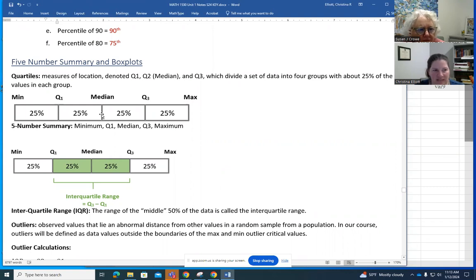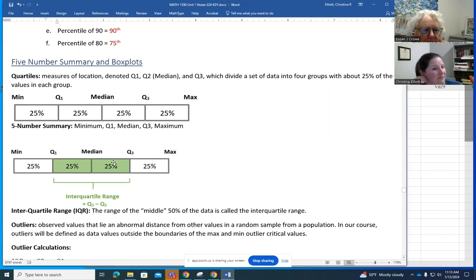Your median, which we've already talked about as a measure of center, is the same as the second quartile, or the 50th percentile. What percentile would the third quartile be? 75%. Yes, the 75th percentile. So quartiles divide your data into 4 equal parts.